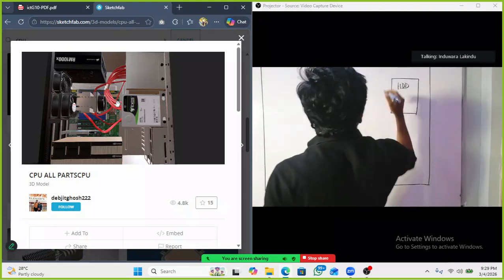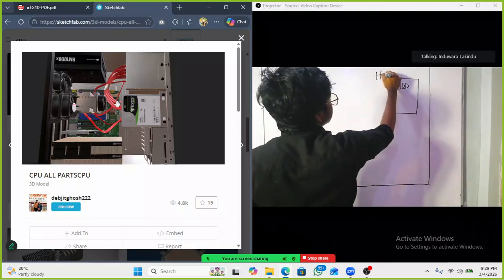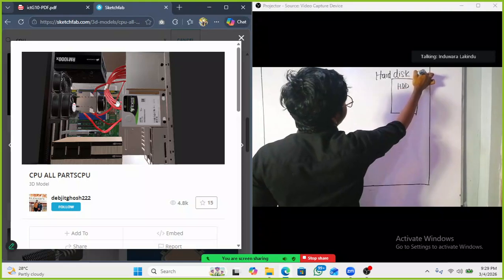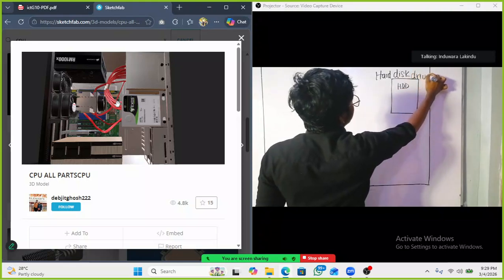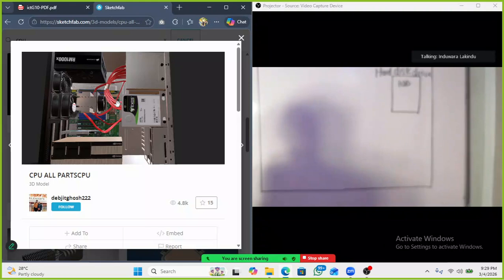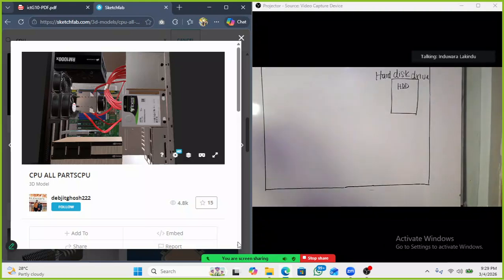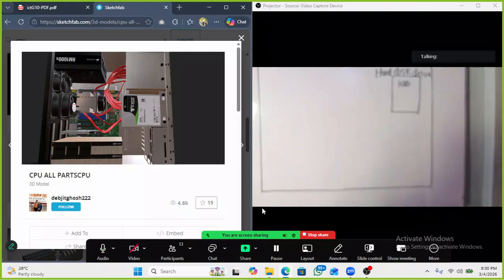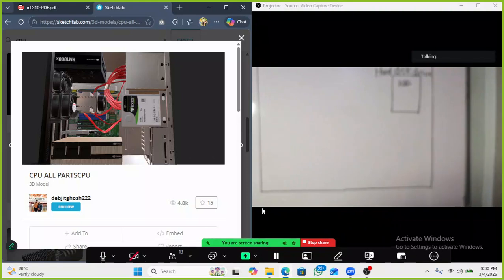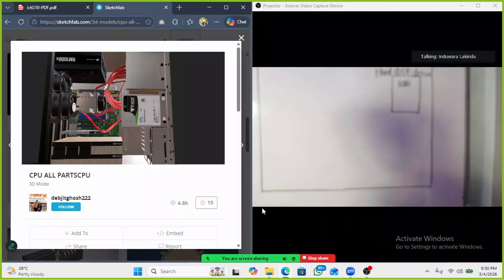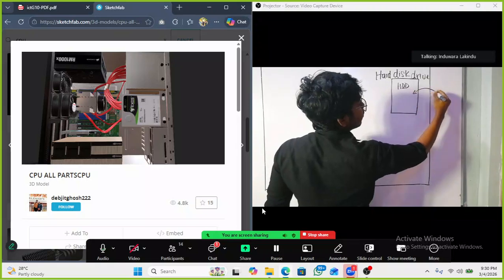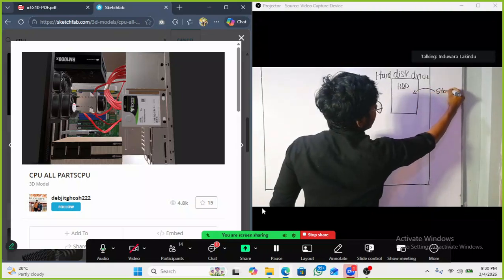HDD means hard disk drive. What is the purpose of the hard disk drive? For what do we really use it? What is the main purpose? Yes, storing data.